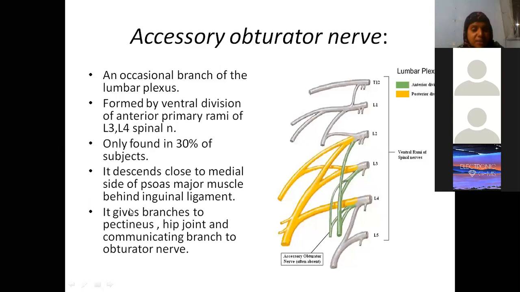Lesser trochanter, isn't it? So if at all it is present, it again supplies pectineus and the hip joint. Then it may give a communicating branch to the obturator nerve. Basically pectineus, which nerves did I tell you, beta? Hybrid muscle it is. Anterior division of obturator nerve or femoral nerve, I said, right?